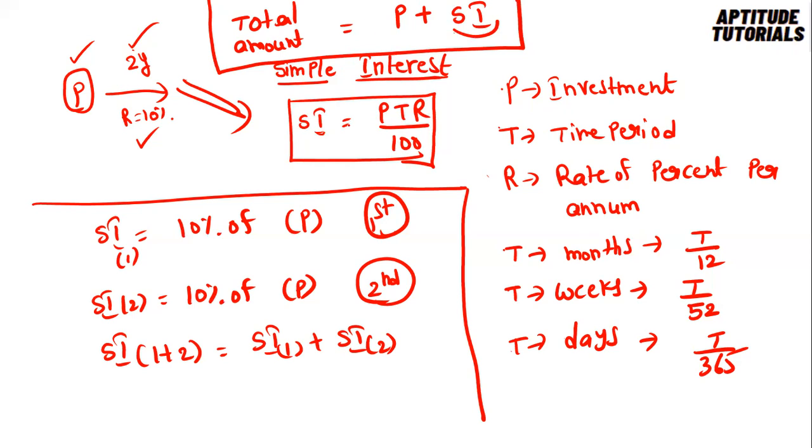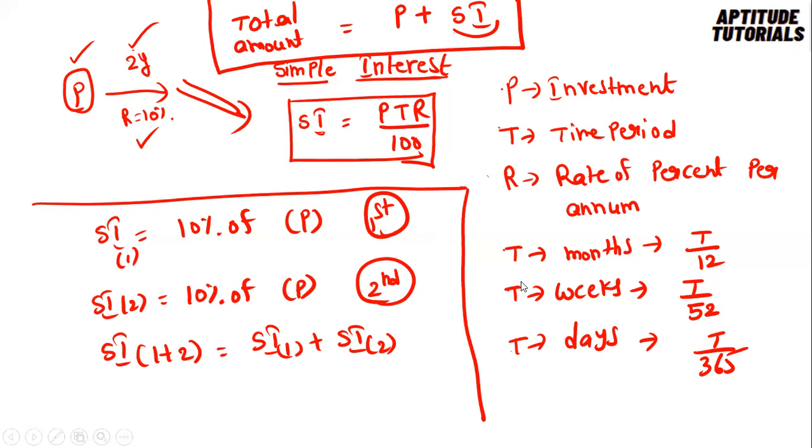So along with the simple interest, if you are paying the principal value, then that is nothing but calculation of total amount. It is simply whatever the amount that you have taken from the person, that is nothing but principal amount that anyways you have to return after the time period. And along with that, you have to pay the interest also. So total amount is equal to principal plus simple interest.